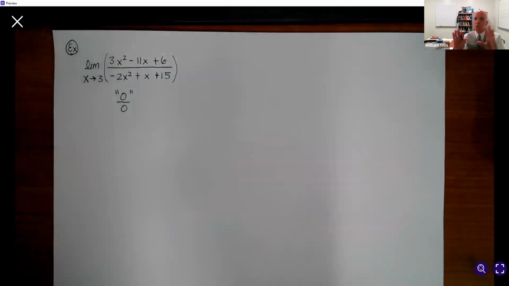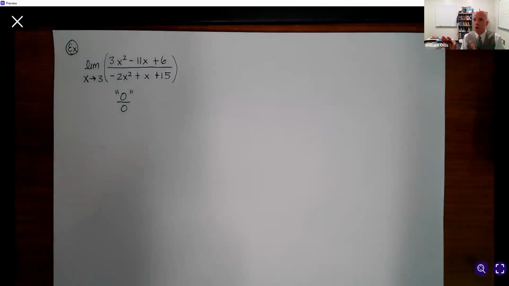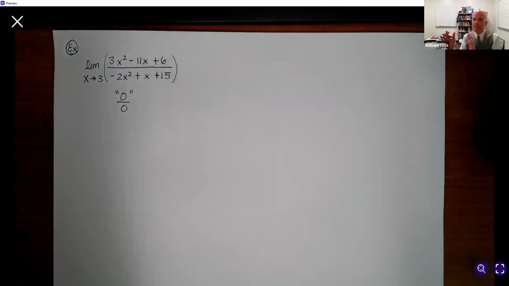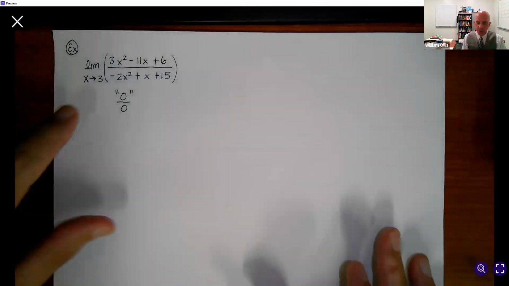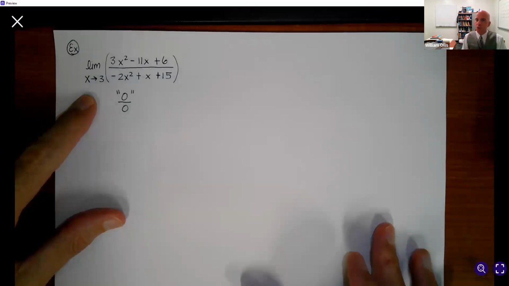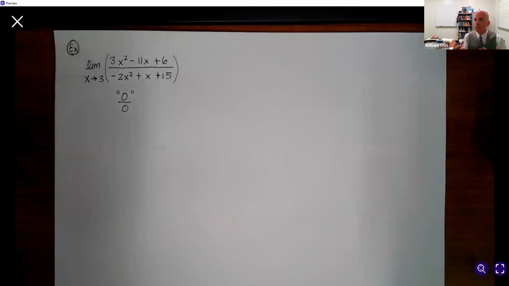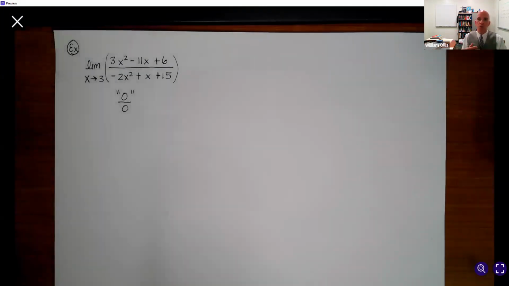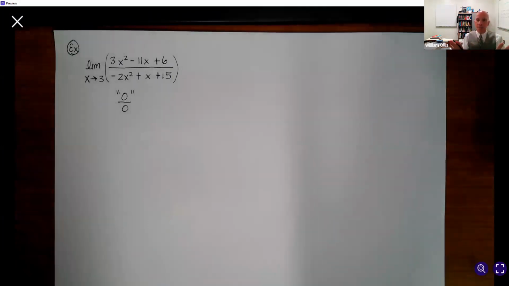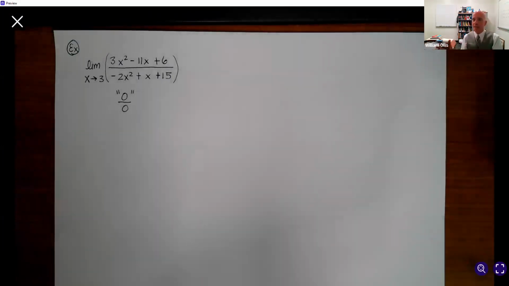You're going to find the identity that solves the problem. That is the replacement function that is actually defined at 3. So again, you can imagine on the first test that you may have a few limits that will be fairly straightforward, or maybe limits within a more complicated problem that will be very, very straightforward.